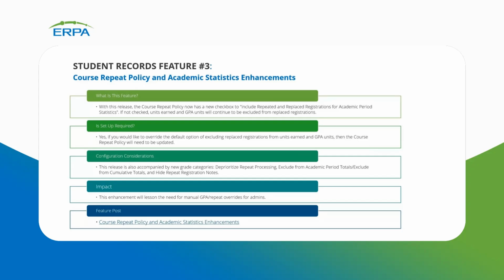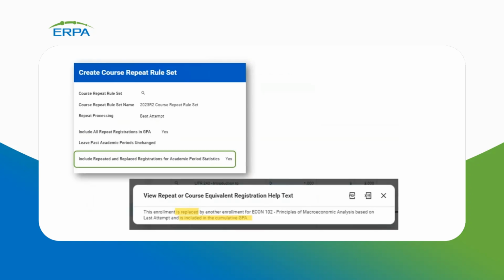So if you don't check this, Workday automatically excludes your units earned and GPA units for registrations that have been replaced. With this checkbox, you can override that at a policy level as opposed to manually overriding the academic statistics for individual students.